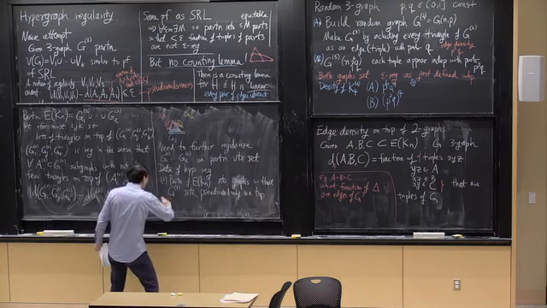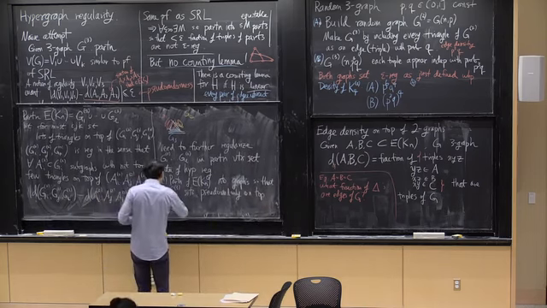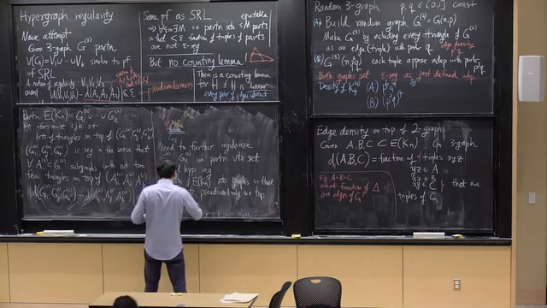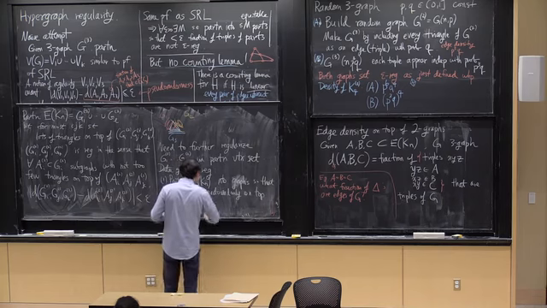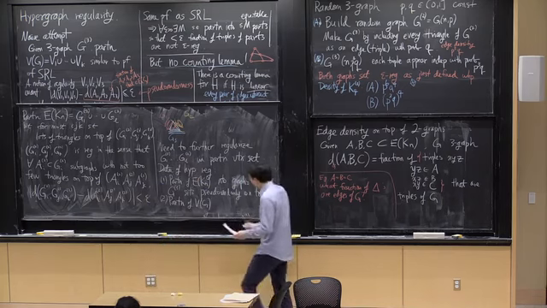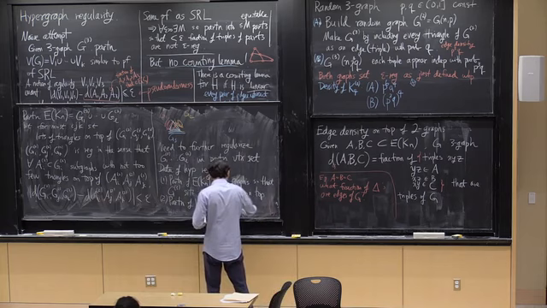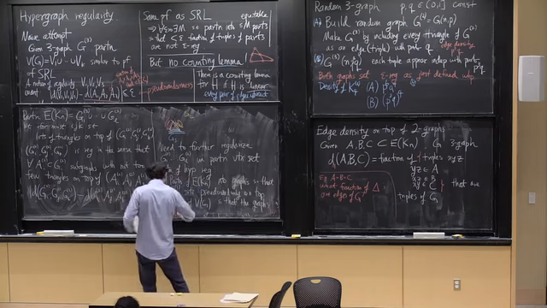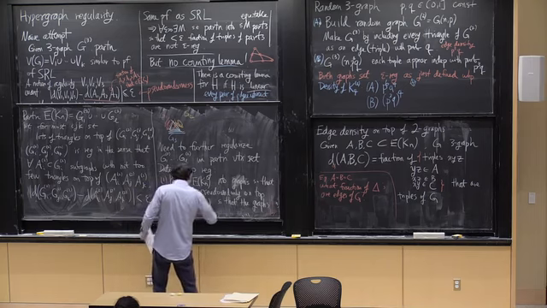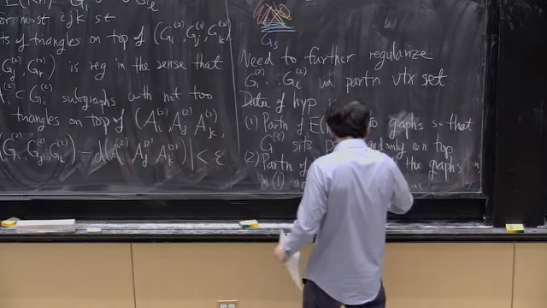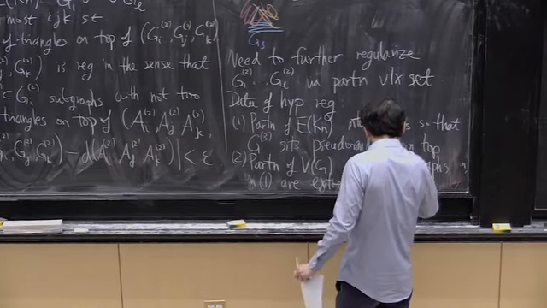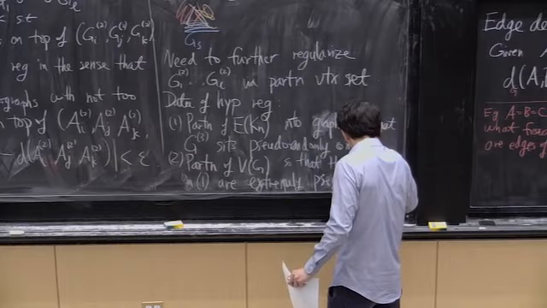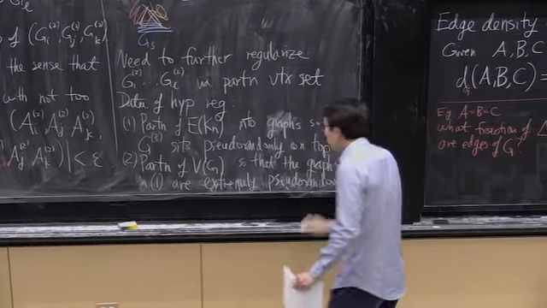And furthermore, there's also a partition of the vertex set of G so that the graphs in part 1 are extremely pseudo-random with respect to this partition.